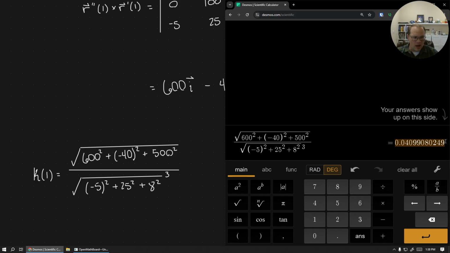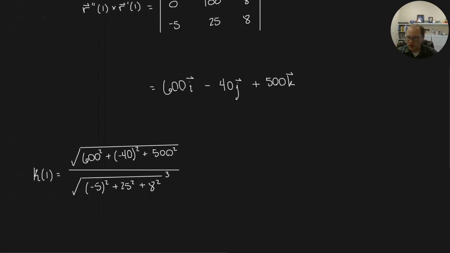And so we get our final answer, 0.0499. That is the curvature at that exact moment, that exact point. That's how we measure how curvy it is.